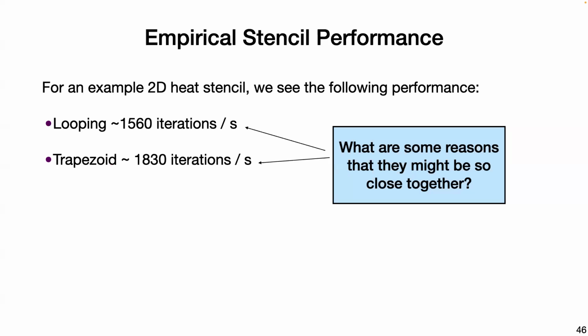So this is not exactly what we saw in the theory, because for 1D, we saw that it would be a factor of M, and M is usually pretty big. So what are some reasons that they might be so close together?